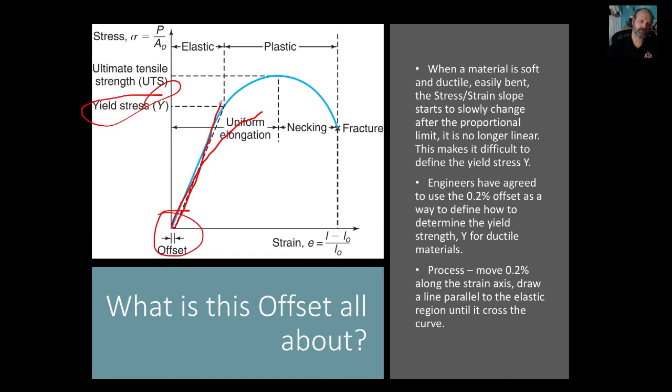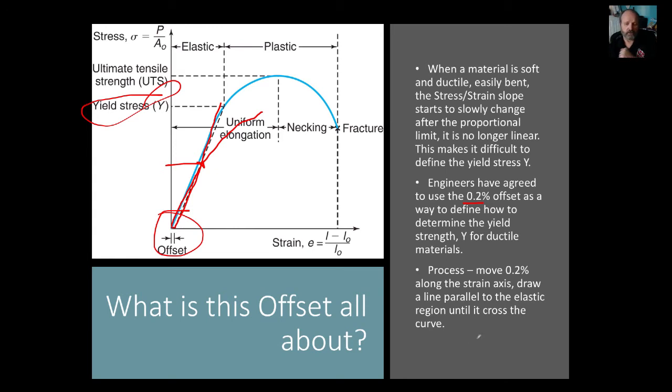And where it crosses, in this case it would cross here, that would be defined as your yield stress. So you define an offset, and usually it's 1%, or not even that much. It's usually like 0.1% or 0.2%, something like that. So, it just depends where you're working and what their definitions are. But there are standards for different materials and whatnot.